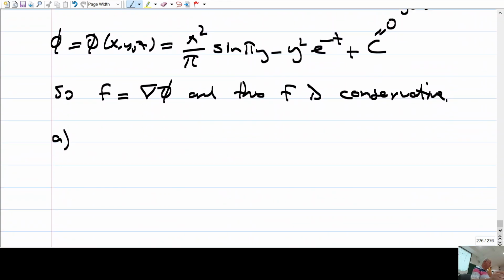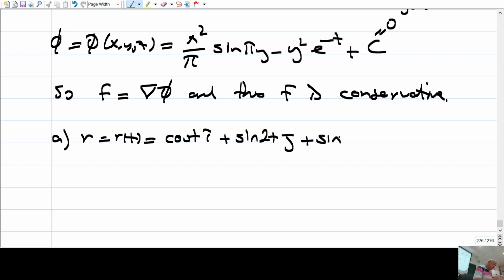So let me write r(t) is cosine t i, this is j, and sine squared t k, t from 0 to 2 pi.